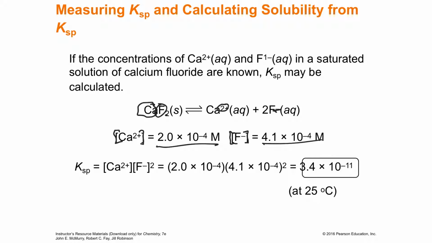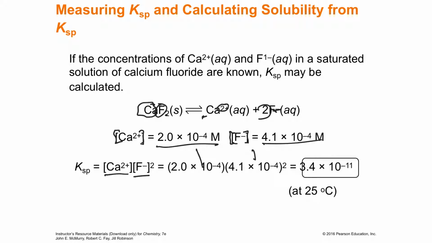So the K sub SP, if you know the concentrations of the different ions involved, is simply going to be calcium raised to the first power, since it's a 1, and then fluoride raised to the second power, since it's a 2. Stick in your concentrations, and you'll end up with a K sub SP, which is really just an equilibrium constant of dissolving.